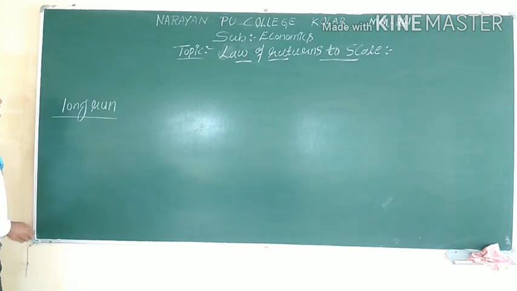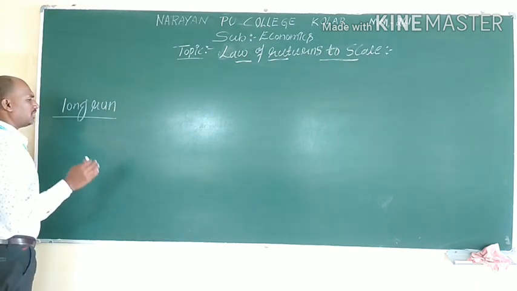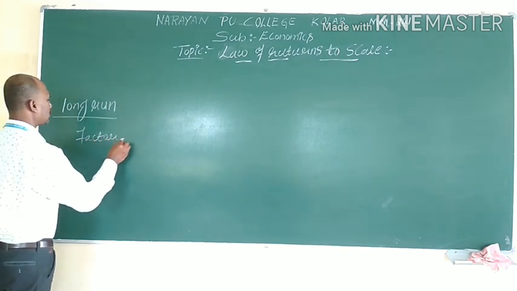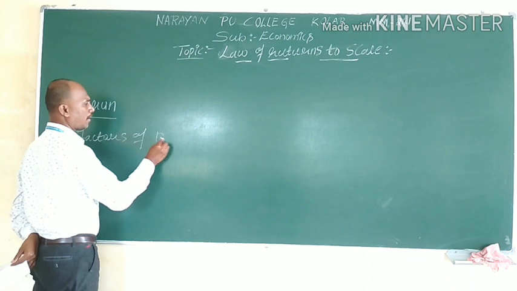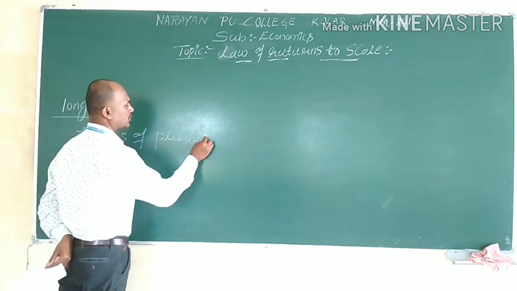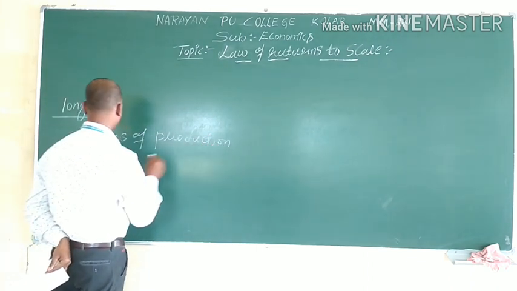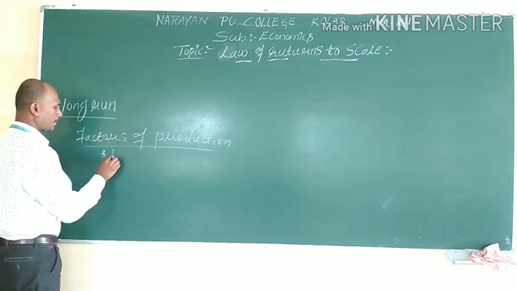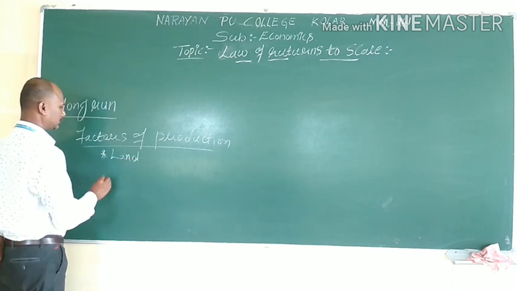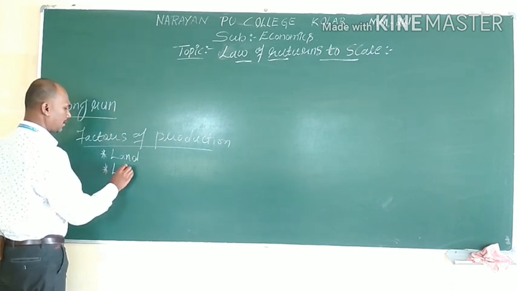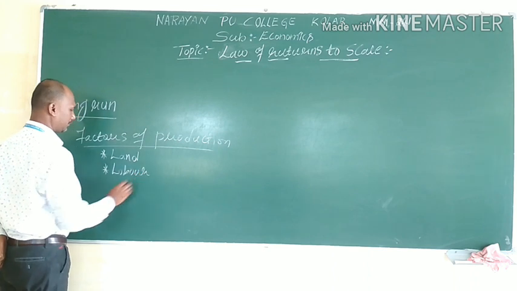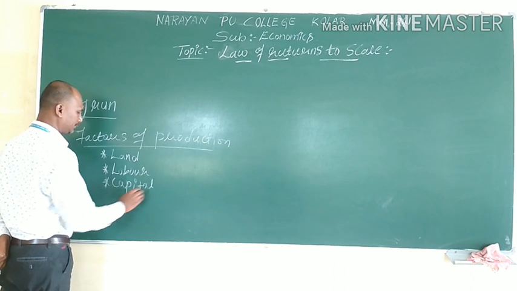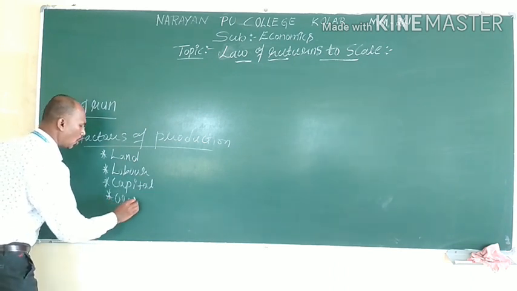In the long run, the firm can change all the inputs or factors of production. Which are they? Land, labor, capital, and organization.